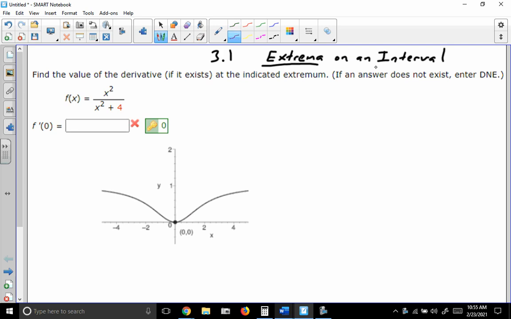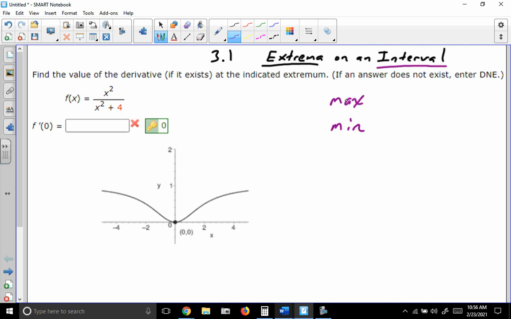And specifically, we're going to look at finding extrema on intervals. But we can also find some extrema whether we're given a particular interval or not. When we talk about an extrema, we're talking about a maximum value or a minimum value. When we say maximum or minimum, that can have a variety of meanings.